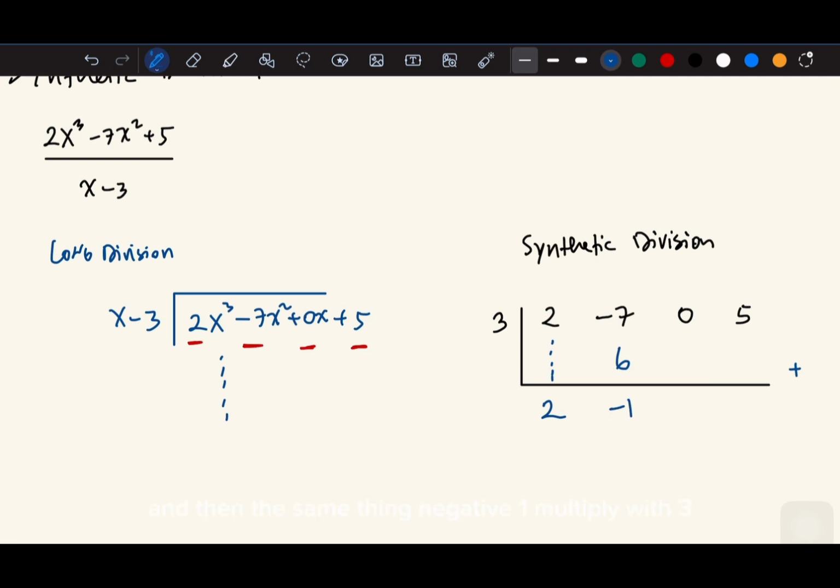And then the same thing, -1, multiply with 3, so this will be -3. We put -3, and we add, and then we get -9, and then it's going to be -4. So the -4 will be our remainder. And these three terms, 2, -1, -3, will be the quotient.